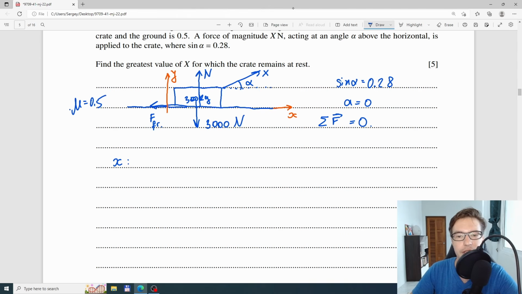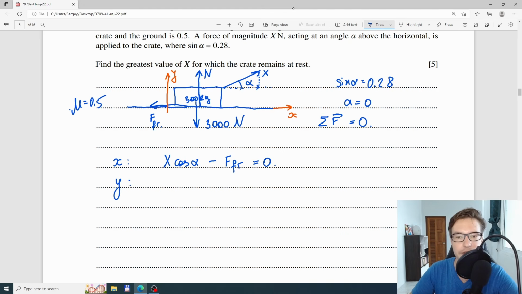But the only thing is, I need the horizontal component of X. It is adjacent to angle alpha, so I will have to multiply X by cosine alpha. Next, we have the force of friction acting to the left. So that's the opposite direction of X, and I will take it with a negative sign, so minus force of friction. Are there any other forces acting on the x-axis? I don't see any, so I will just say it equals to 0.